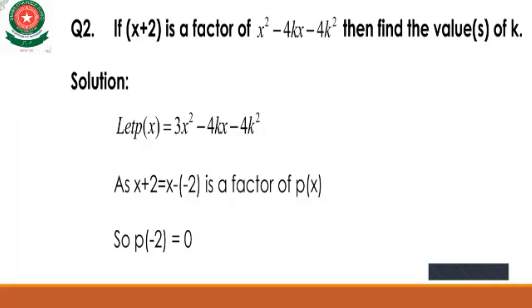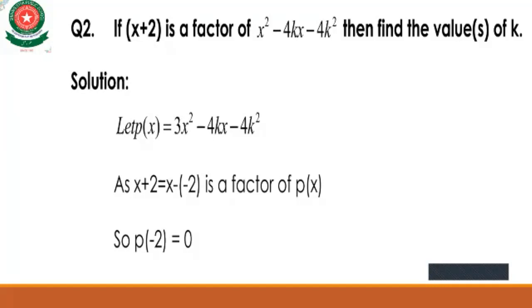Okay, the remainder will be 0. Then as x plus 2, that is x minus minus 2, is a factor of p of x, the value of x will be minus 2.